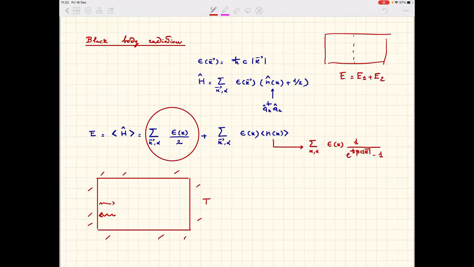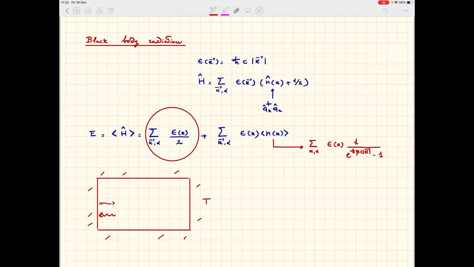I set the two temperatures, beta 1 and beta 2, to be equal. This is the condition of equilibrium, but it is connected to the fact that I'm conserving energy. If I'm not conserving energy, it doesn't make sense to talk about temperature, and if I'm not conserving the number of particles, it doesn't make sense to talk about chemical potential. Okay?